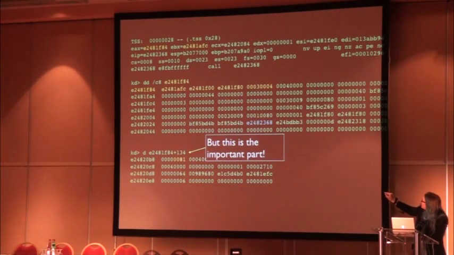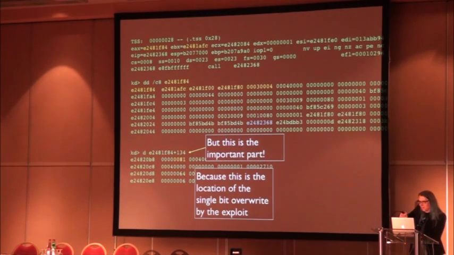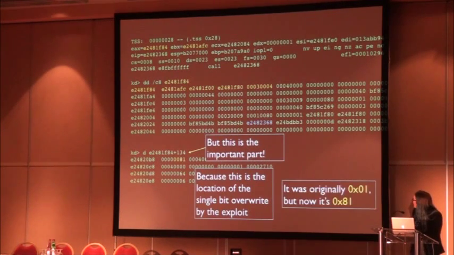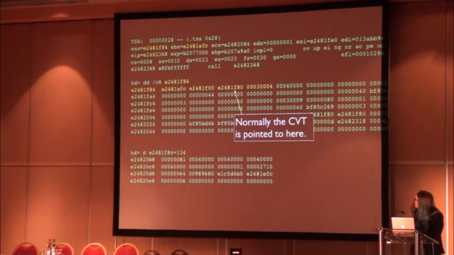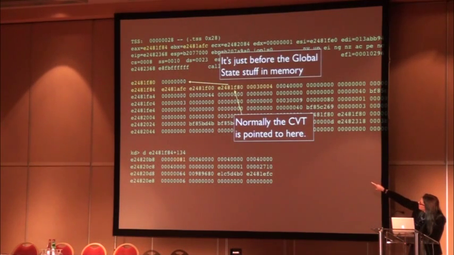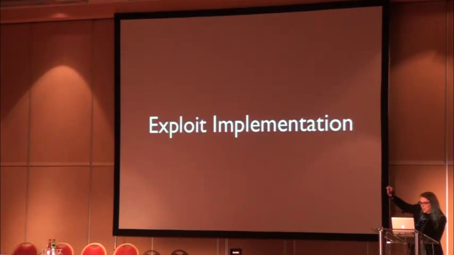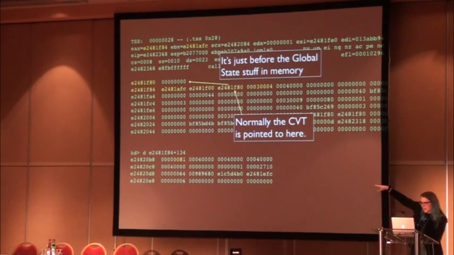The important part is right there, because that was where the bit was overwritten by the bitmap, and the CVT table is literally right 4 bytes ahead of this, so now this whole structure is inside the CVT.